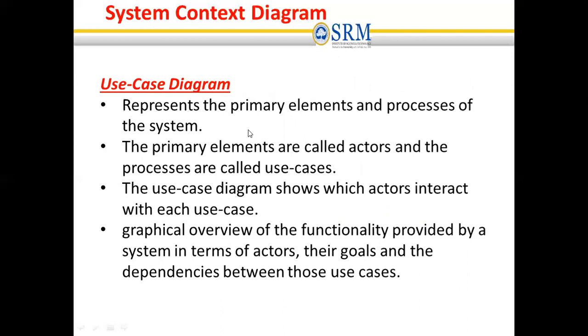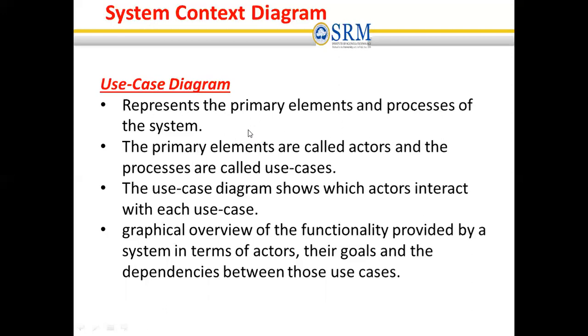Use case diagrams are used to identify the primary elements and processes present inside the system. The primary elements are called actors, whereas the processes are called use cases.